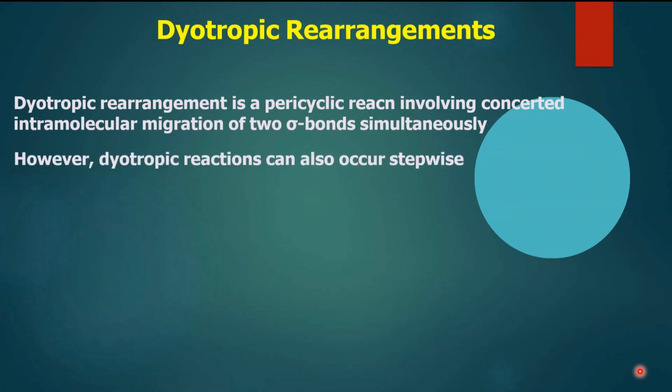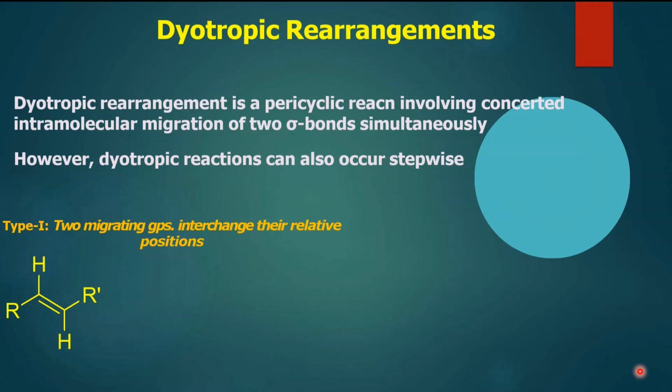It is just the shift of the sigma bonds from one position to another in a single concerted step, or it can occur in two steps too. Here, there are two types. In the first type, the R over here will get shifted to this R dash, and the interchange of R and R dash occurs.